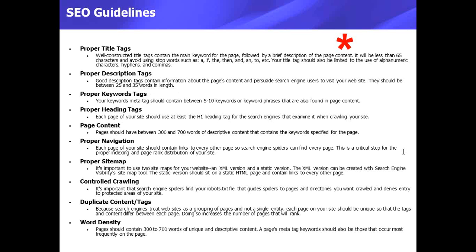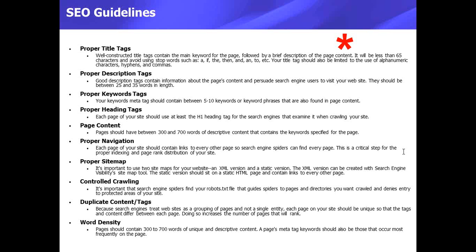And here's what was the supplemental handout. These SEO guidelines were part of a resource that I had through my ISP. I found them to be kind of interesting and useful, so I thought I'd put them in here.